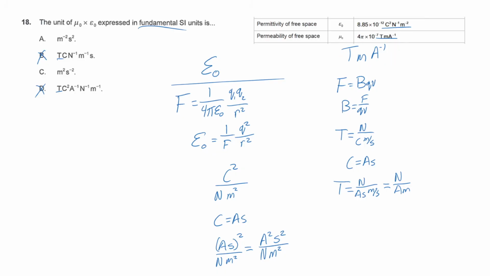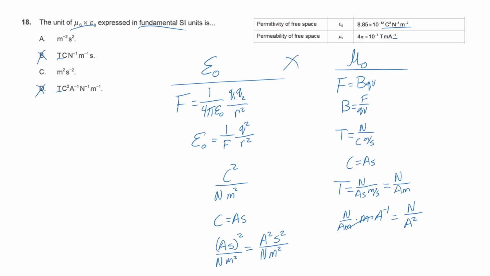And if we do that, we will have N divided by A m times m times A to the -1. So notice that the m's here will cancel. We will be left with N divided by A squared. And those are the units for the permeability, right?